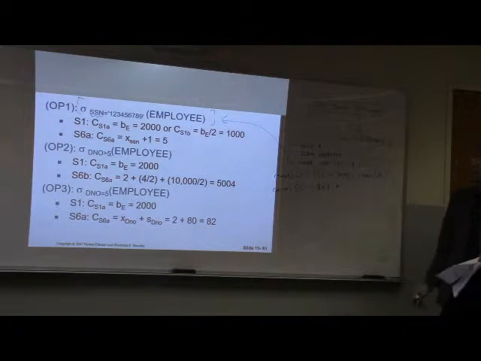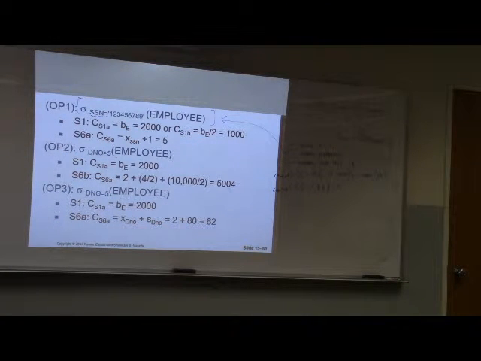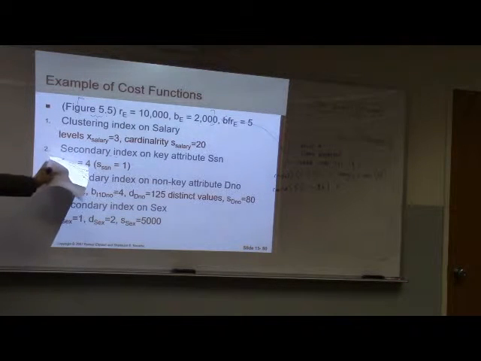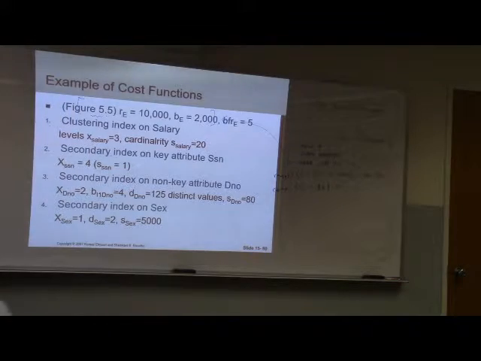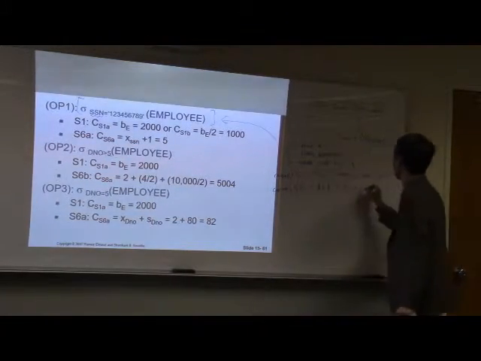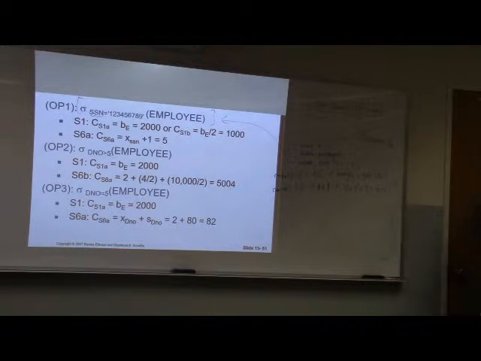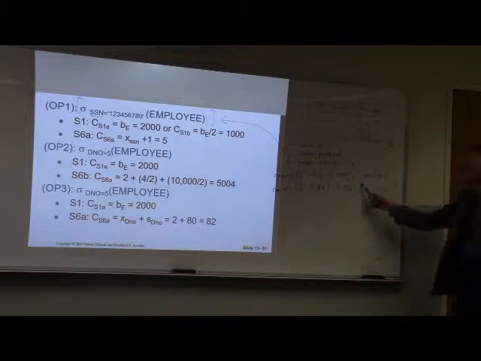What is X? X, the number of levels, is 4. But it's given information. So it's 4 plus 1. It's 5 I/Os. So which one will be faster than the others? S6 is definitely faster.